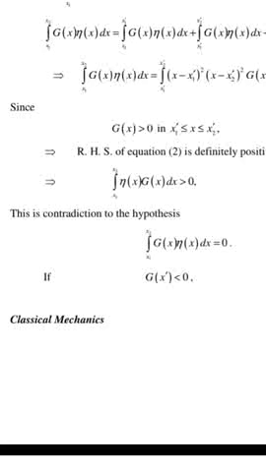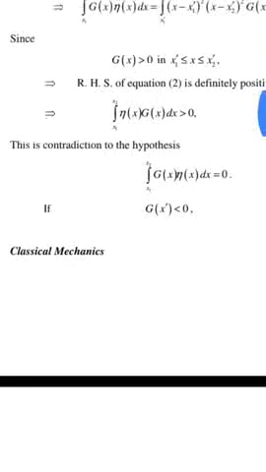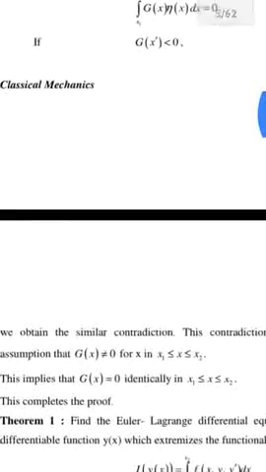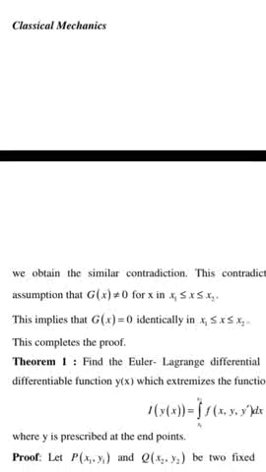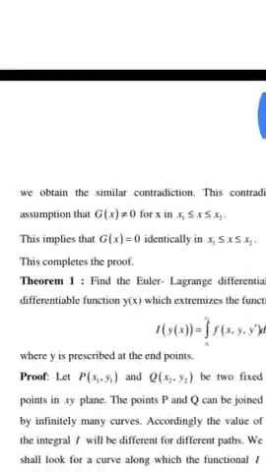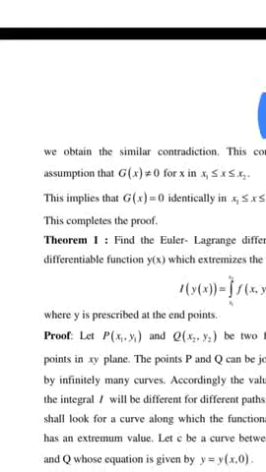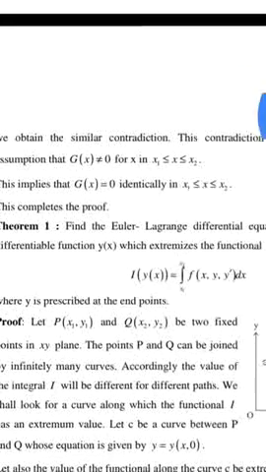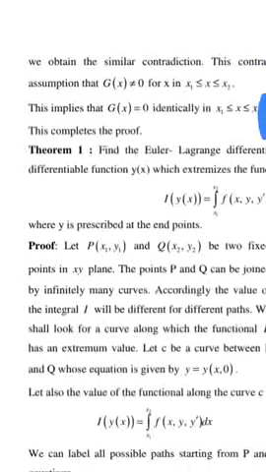Similarly, if g of x dash is less than 0, we obtain the similar contradiction. This contradiction arises because of our assumption that g of x is not equal to 0 for x1 to x2. This implies that g of x is equal to 0 identically, and hence completes the proof.